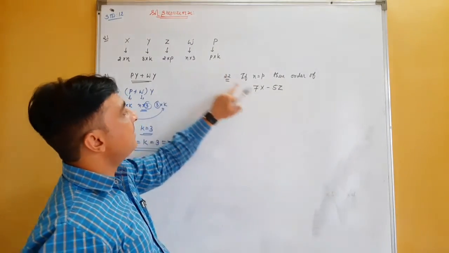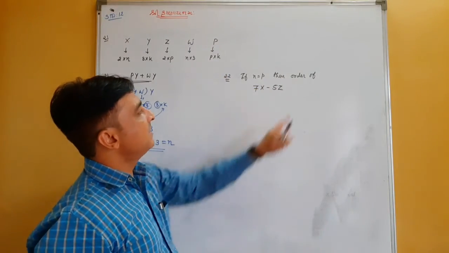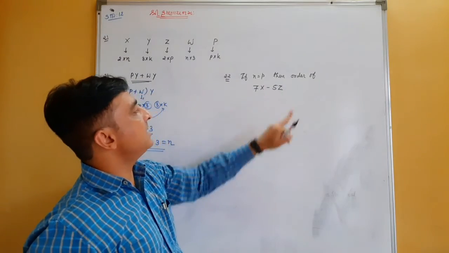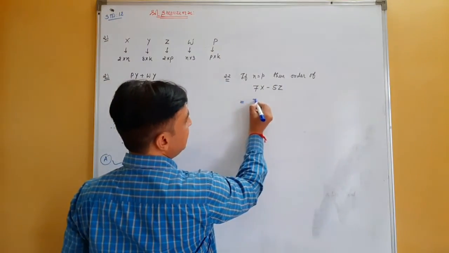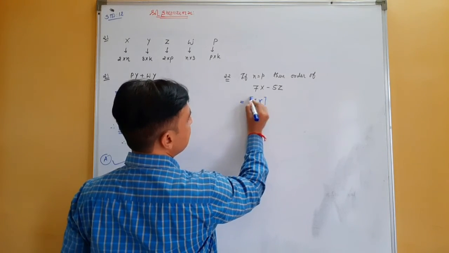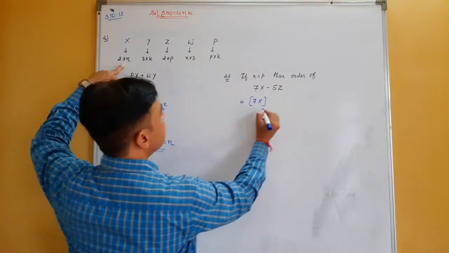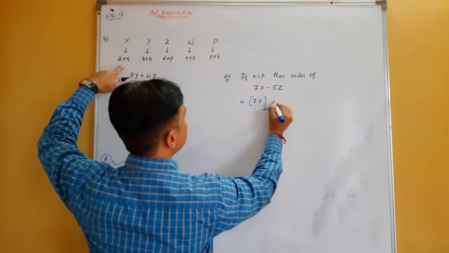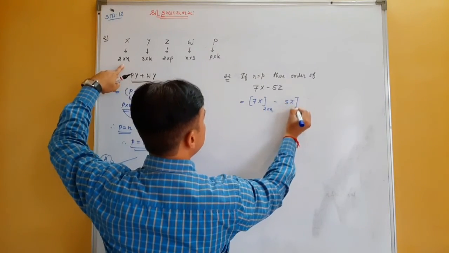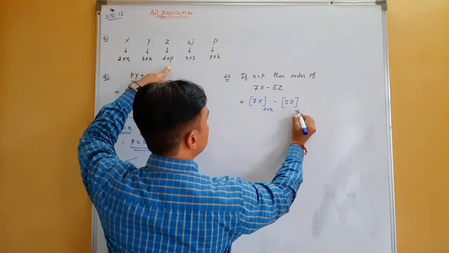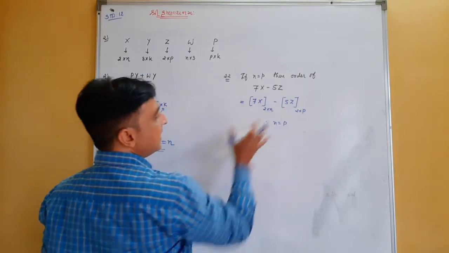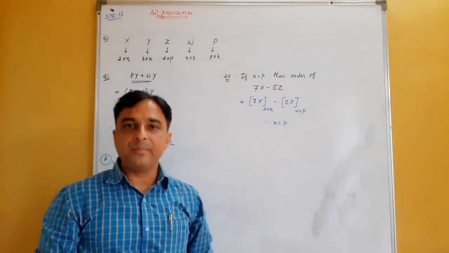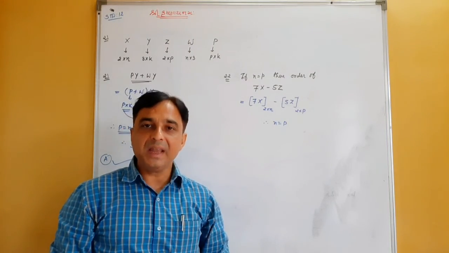Now in the same way, if N equal to P, then the order of 7x minus 5z. The order of x is 2 cross N and 5z is 2 cross P. That means N equal to P. Addition and subtraction happen only for matrices of the same order.